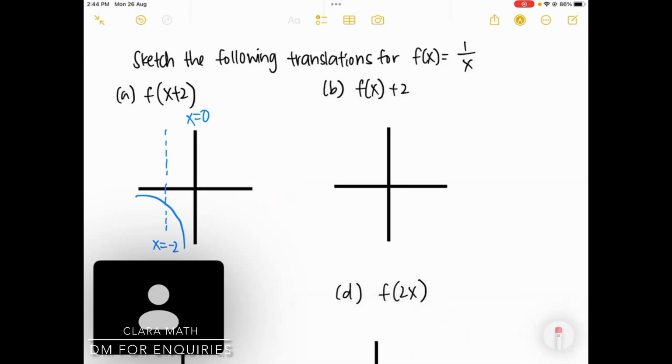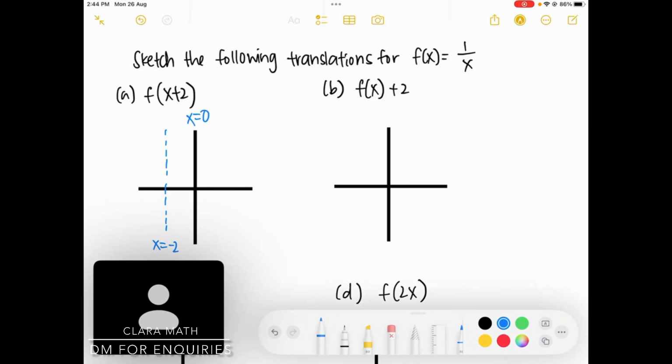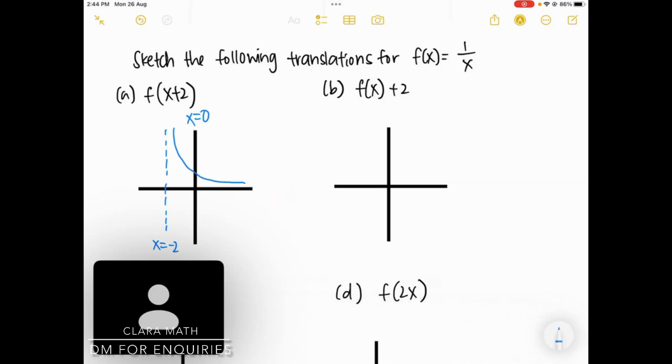Okay, so now, wait, let me remove. So now I cannot touch that minus 2 because the asymptote is also an x value, so that got affected. So it's like that and like that. Okay, so that was translated to the left side.